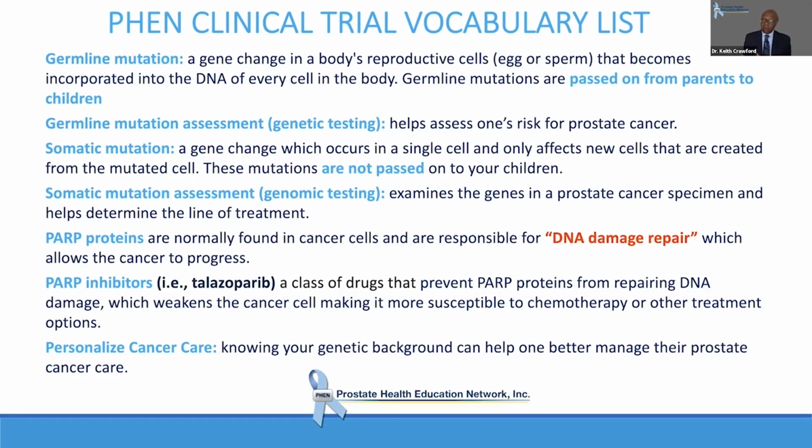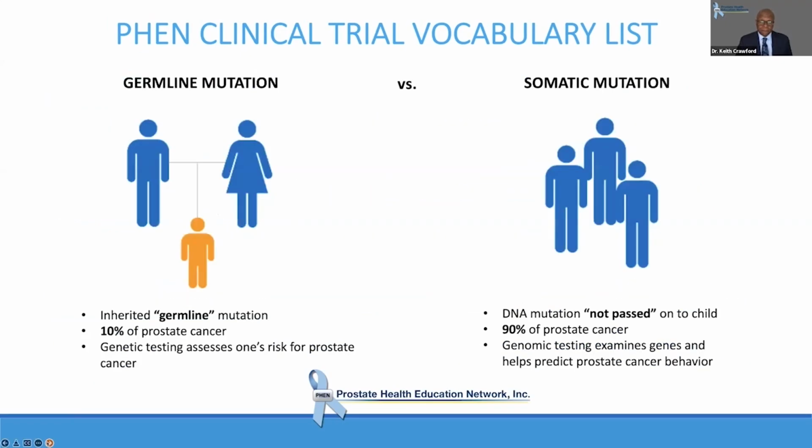All of this boils down to one thing. We're moving to an era of personalized cancer care. And knowing this is why it's important for you to understand and know your genetic information, because this will better help you manage your prostate cancer. Another way to look at this: germline mutations, genes, lineage.